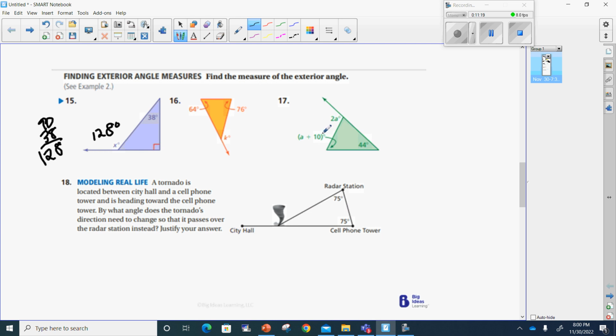On number 17 here, I'm trying to find this exterior angle. Well again, these two here will add up to this one here. But this one here is 2a. So what we're really looking at is an equation here. 2a is going to equal a plus 10 plus 44.